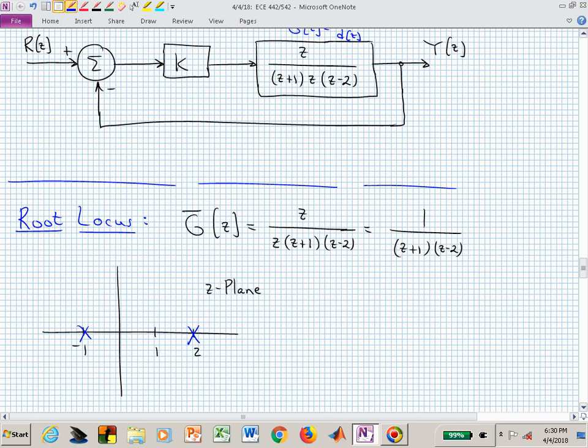Do you immediately know which part of your French bread that you've sliced up belongs to the root locus? How many sections of that bread do you have? Total sections. 3. How many of those sections belong to the root locus? 1.